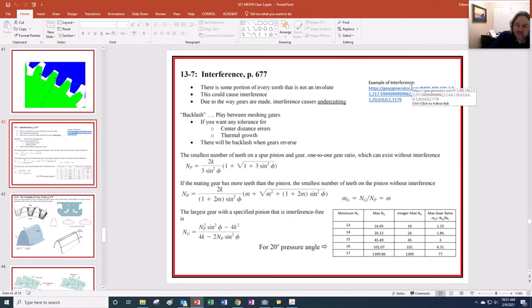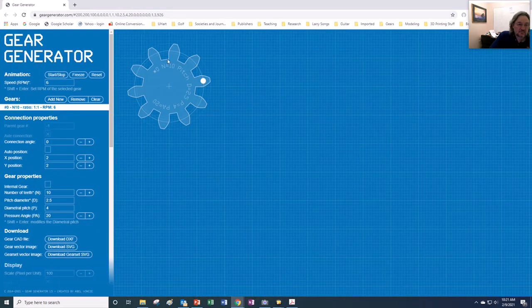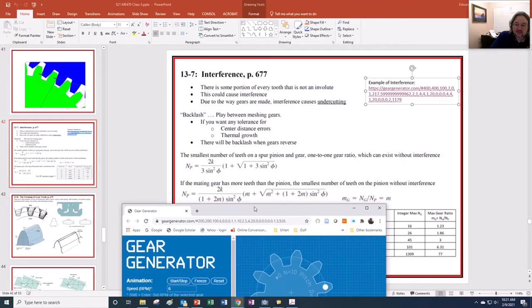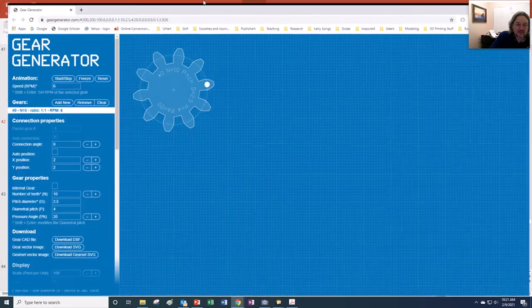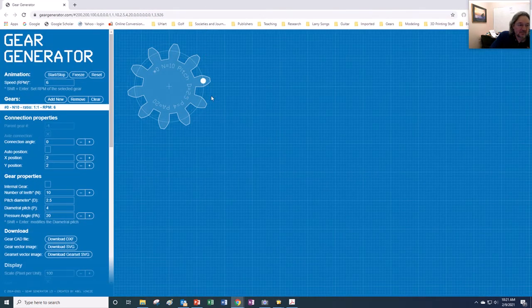Oh, and here's an example of interference. I wanted to point this one out. Let's see if it'll come up. No, didn't work. I thought this was going to come up. But we can demonstrate interference here.